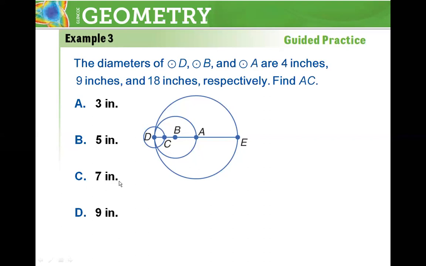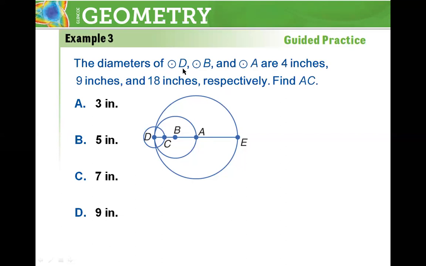Okay, you can think about it for 30 seconds. Okay, I'm going to Muhammad. Can you read the problem, please, aloud? The diameters of circles D, B, and A are 4 inches, 9 inches, and 18 inches, respectively. Find AC.